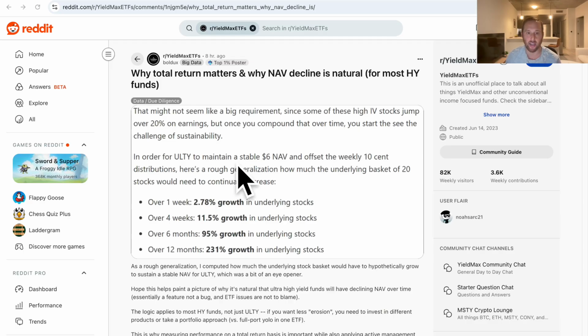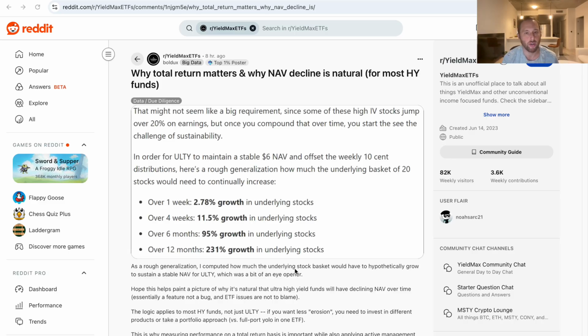To maintain that NAV over a 1 week period, the ULTY underlying assets would need to grow 2.78%. Over a month period, 11% growth. Over a 6 month period, 100% growth, or over a 12-month period, 231% growth. And do we think that is sustainable?